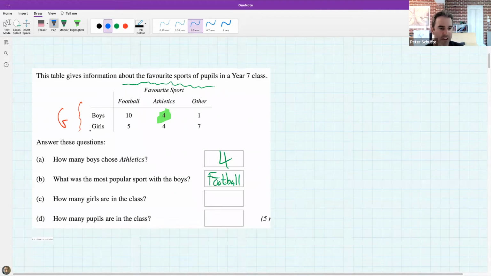So when we're trying to figure out how many girls are in the class, with tables, there isn't a total row here, but I think adding it in is quite useful. 5 plus 4 plus 7 is 16. And so we know that there are 16 girls in the class. Now, how many pupils are there in the class?